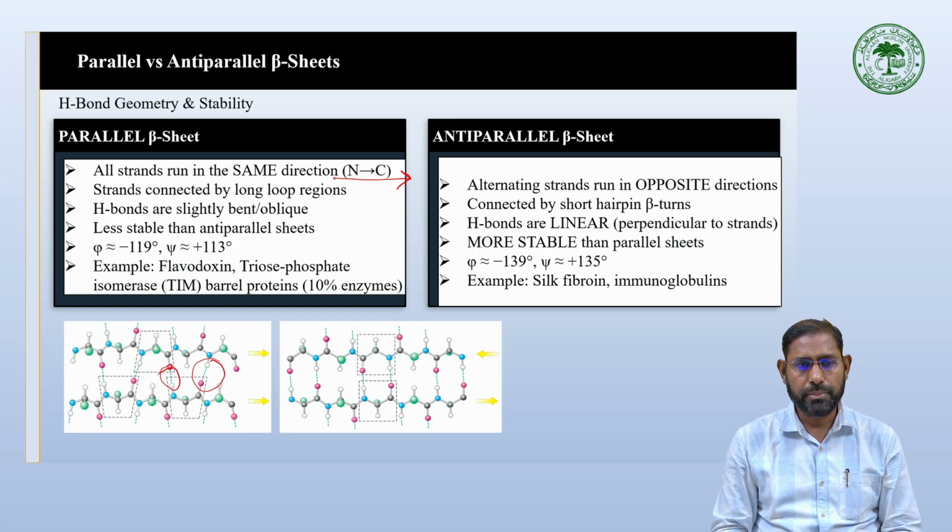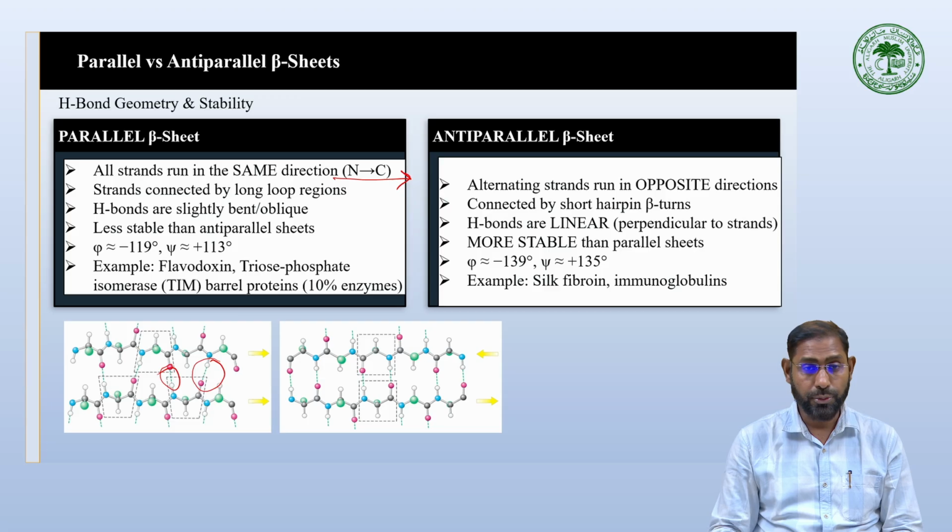And also, it is less stable than anti-parallel sheets. The phi angle is minus 119 degrees and psi is plus 113 degrees. Examples: flavodoxin, triose phosphate isomerase barrel protein. This TIM barrel protein contributes almost 10% of the enzymes.